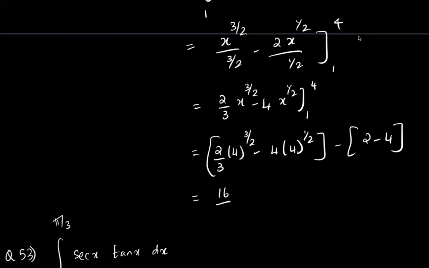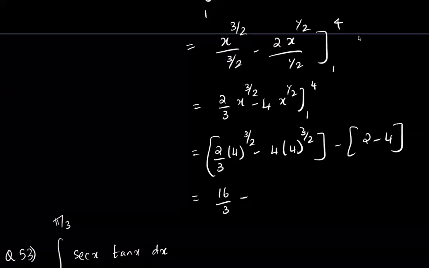So 16 over 3 minus, so this is 8 times 4, 32, minus of negative 2 is plus 2, right? So negative 32 plus 2 is 30. So you have 16 over 3 plus 30.